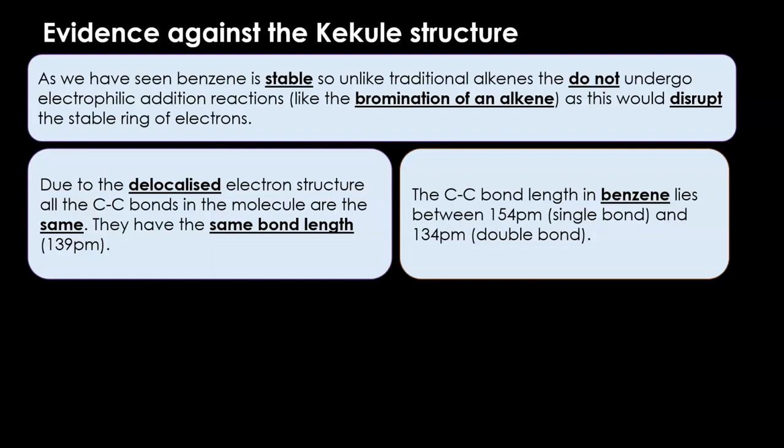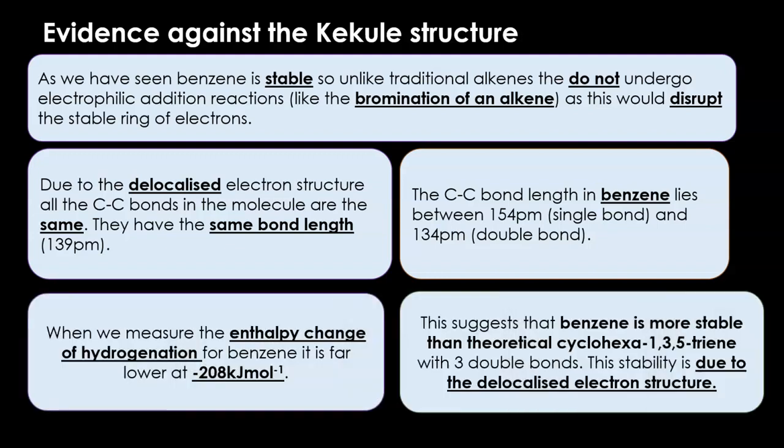We know that the bond lengths in actual benzene are all the same, but also in between the length of single and double bonds. Double bonds will be shorter, single bonds would be longer. Benzene bonds are sort of halfway between the two. And the enthalpy of hydrogenation evidence was that the actual benzene structure is some 152 kilojoules more stable.